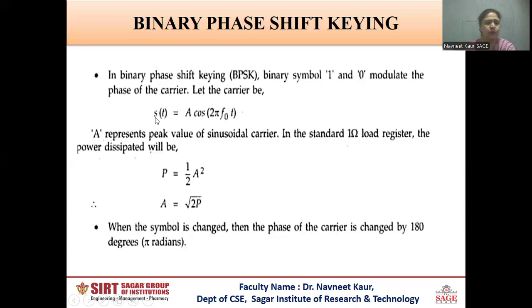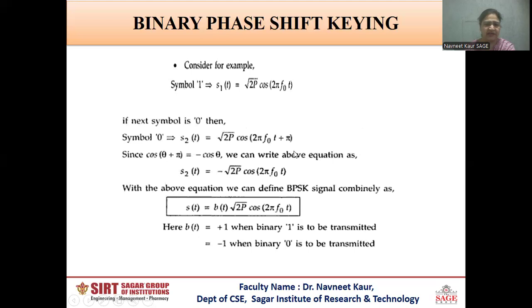So, the equation of the carrier signal will now be root 2P cos 2 pi f naught t. So this will be the equation of the carrier signal.